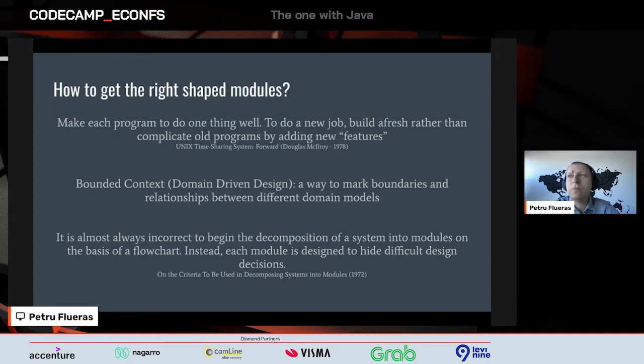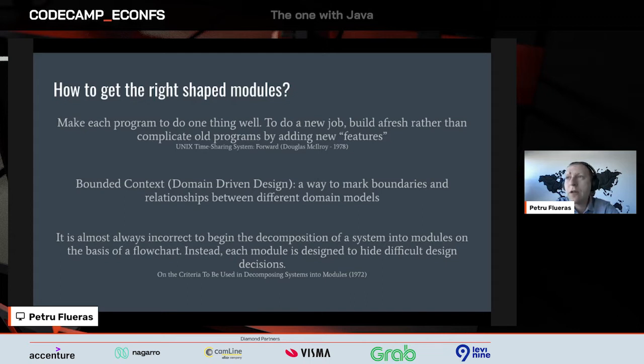And we have to see the context where those domain models apply. And we have to draw the boundaries around that context. And that context became the bounded context. But at its core are the domain models, which are dictating the shape and the boundaries.